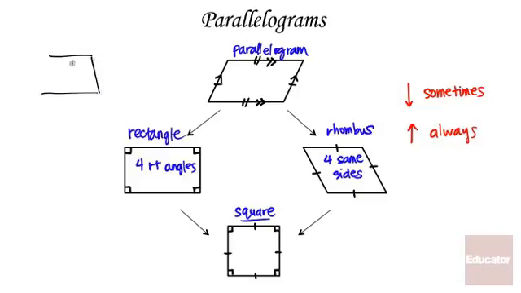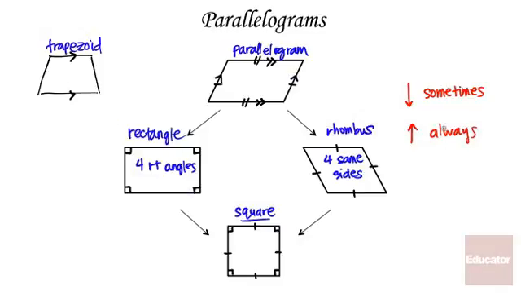Parallel sides, okay, that's a trapezoid. So is a trapezoid ever going to be a parallelogram? No, they're 2 different things. 1 pair of parallel sides, 2 pairs of parallel sides. Trapezoid, parallelogram, never. A trapezoid to a rectangle, never.